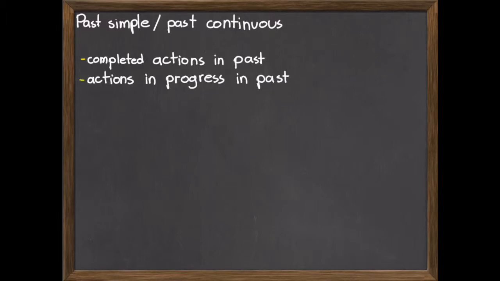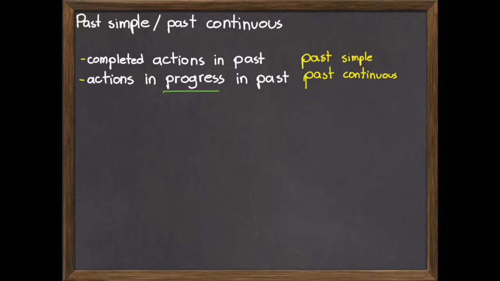Now, for past continuous, we will normally use it for actions that were in progress in the past or temporary situations in the past. So we're talking about actions that were in progress, such as he was working at a restaurant. That's an action that was in progress before.